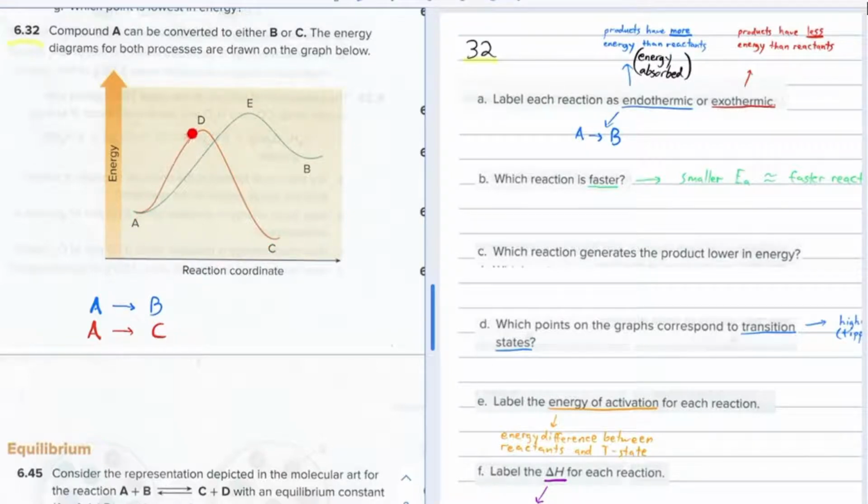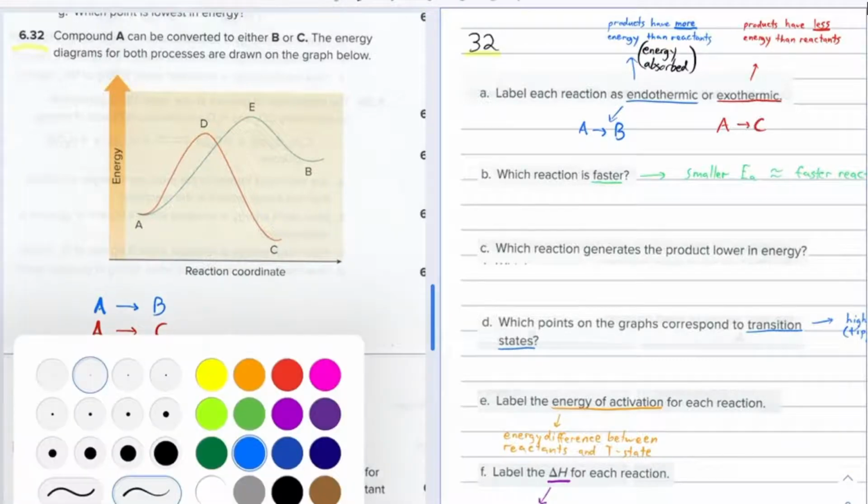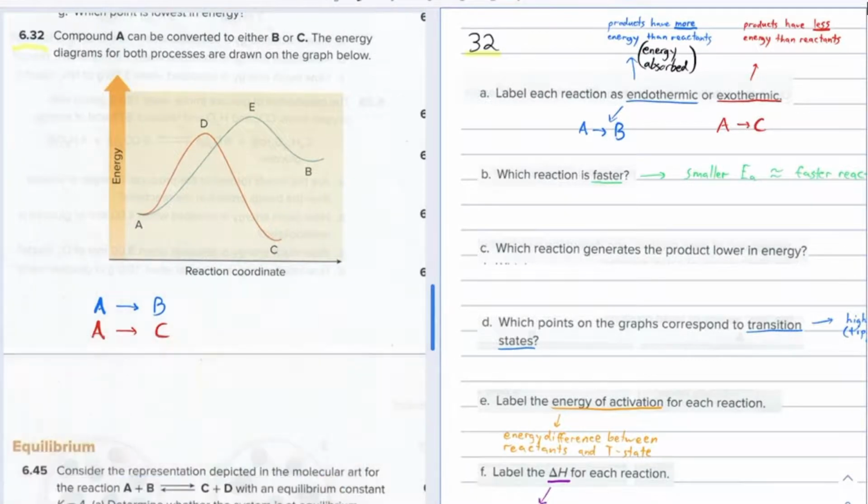So you can see that's the profile shown in red, an exothermic profile. A goes to C. And again, energy is released for exothermic reactions.